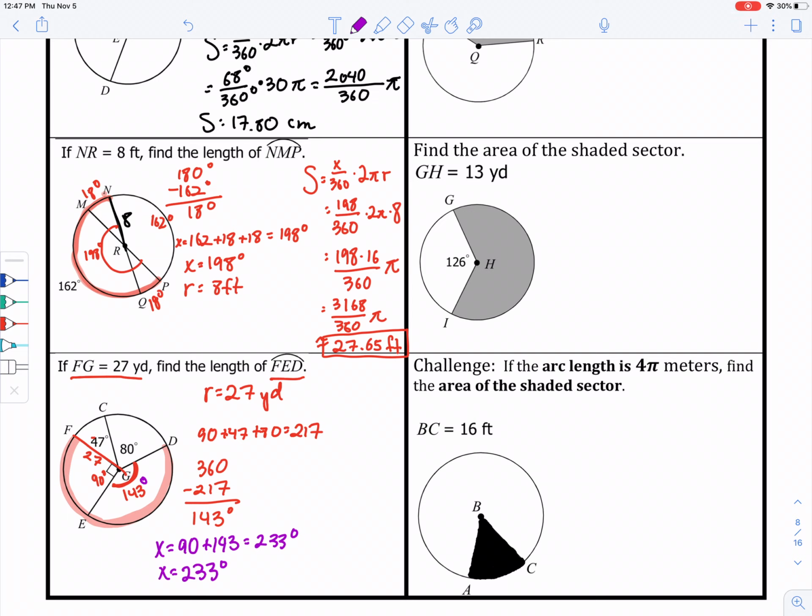So we have our radius, we have our x value for the degree, and let's plug it into the formula. So S equals x over 360 times 2 pi r. Plug in all our variables, we have r and x ready. 233 divided by 360 times 2 pi 27.